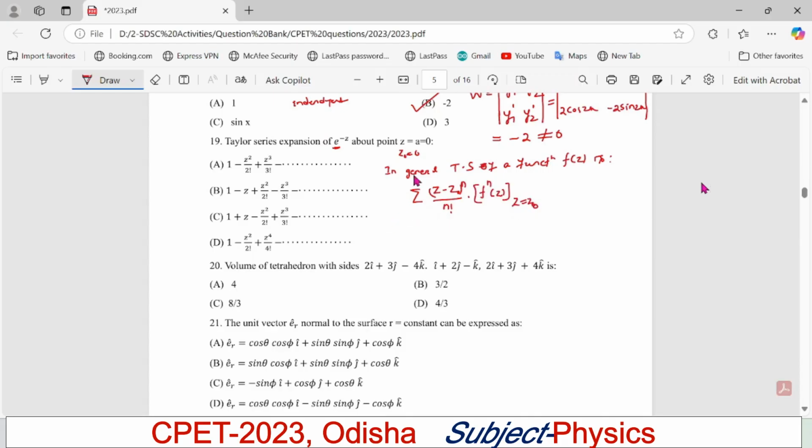Here summation means the addition of terms. So first we have to find out f0, here n equal to 0 to infinity.